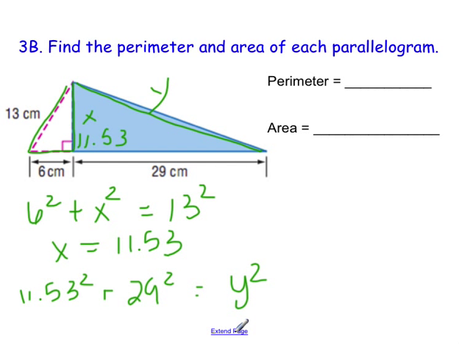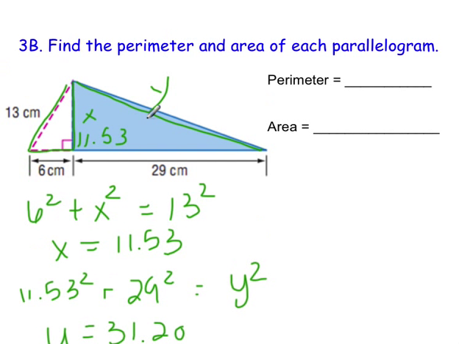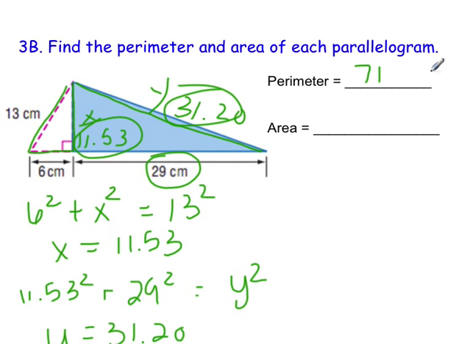Again, I hope that you can solve this for y on your own. Then you get that y is equal to 31.20. Now we can get the perimeter because we can add this, this, and this. When you add those up, the perimeter is 71.7 centimeters.